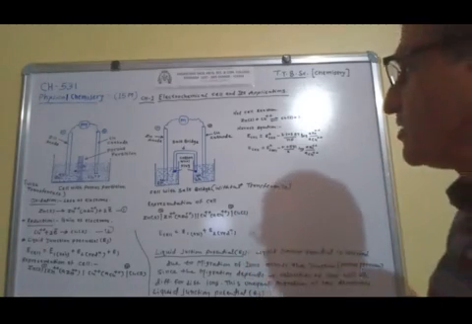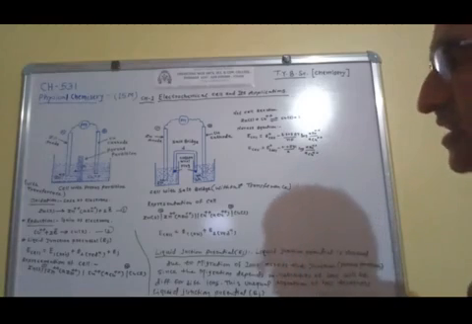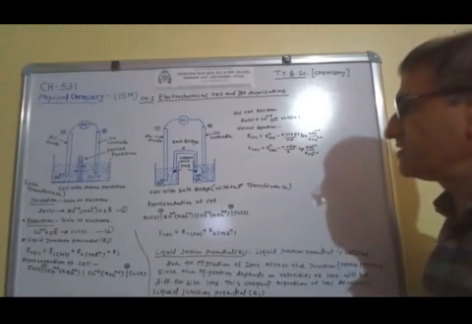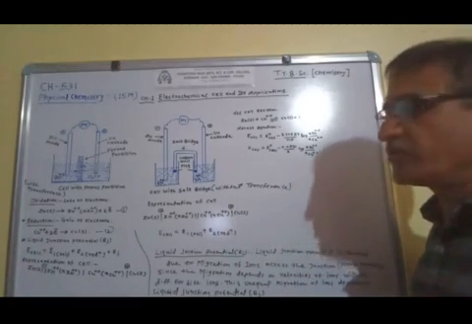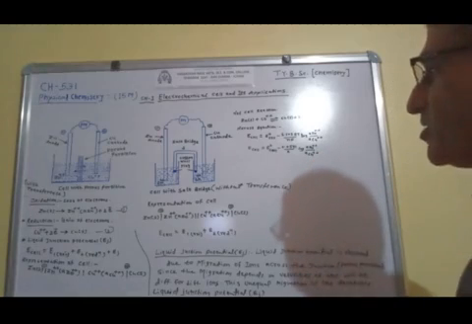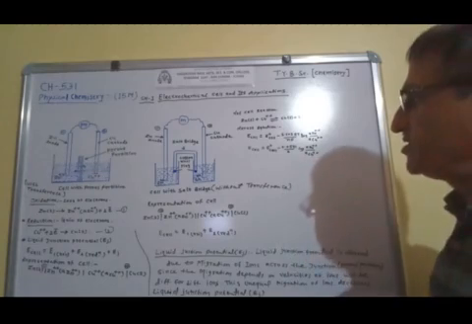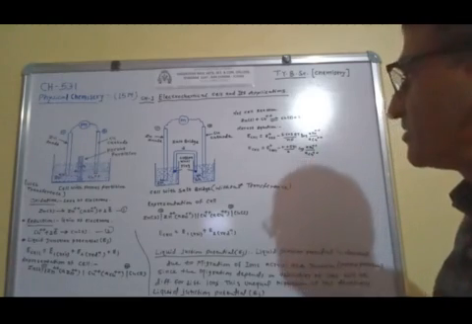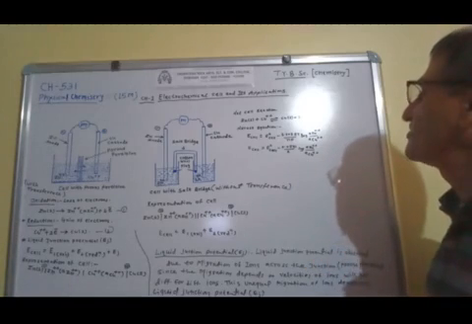Here E cell is the total EMF of the cell, and E0 cell is the standard EMF of the cell, which is the combination of E0 of Zn plus plus and E0 of copper plus plus. In this way we can calculate the EMF of the cell.